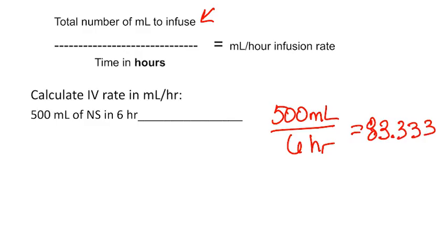And I can't set my IV pump at 83.333, so I'm going to have to round this to the nearest whole number. I look at my number to the 10th, because right now I'm rounding to the nearest whole number. So the first 0.3 is the number I'm going to look at. So my IV rate here is going to be 83 milliliters per hour. Okay, we want to round that to a whole number.